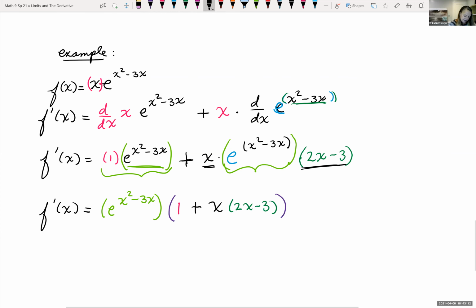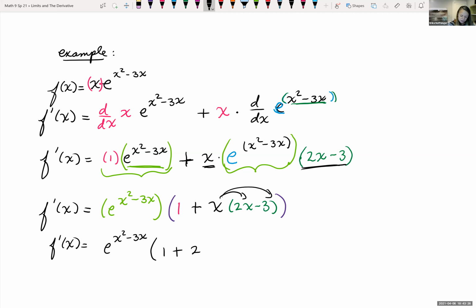So looking at this, we have f prime of x is equal to e to the x squared minus 3x, all times 1 plus, let's distribute this x inside the parentheses. So we have 2x squared minus 3x.